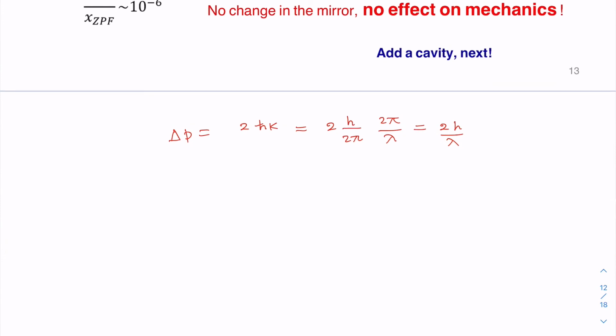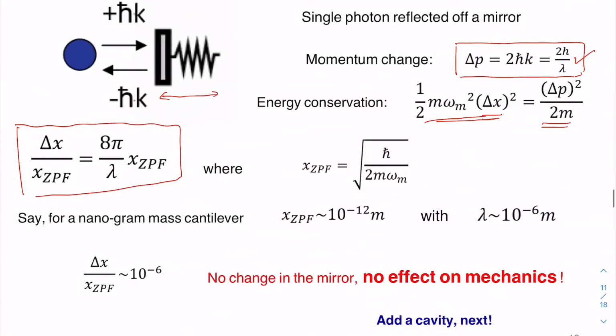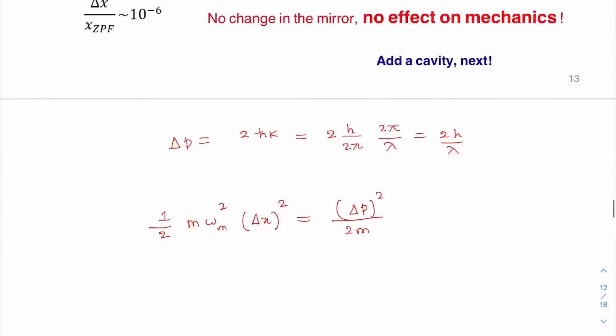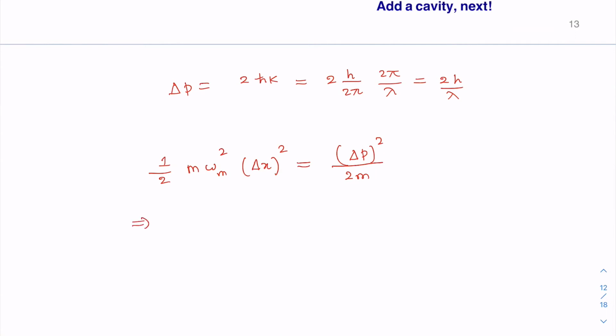The potential energy is half k x square, or half m omega m square delta x square, where delta x is the displacement of the mirror, and this is equal to the kinetic energy of the photon that is getting incident, delta p square by twice m. So this omega m is the oscillation frequency of the mirror.